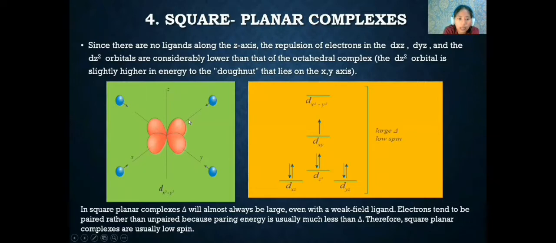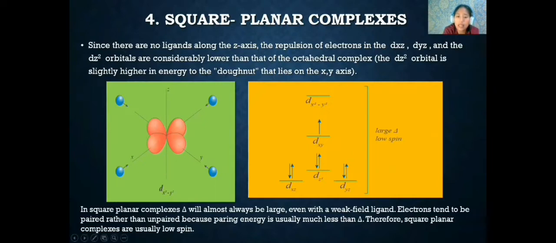So in square planar complexes, you have this structure. In square planar complexes, the delta will almost always be large, even with a weak ligand.